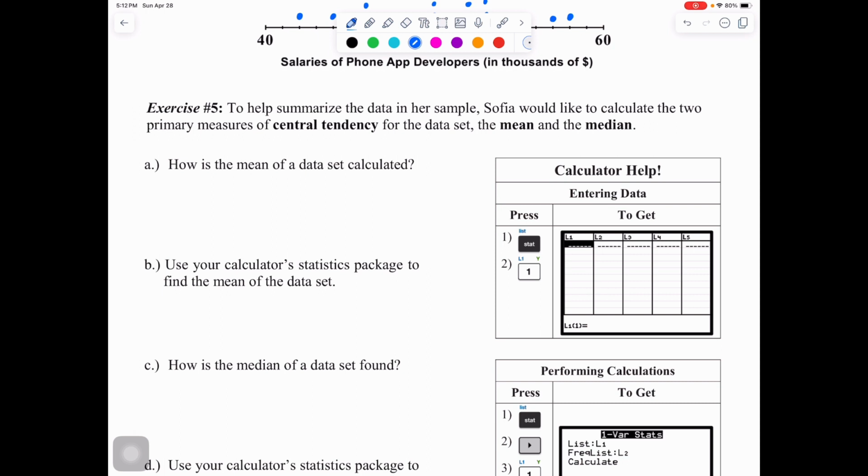So first, let's talk about how the mean is calculated. When you learned about mean originally, you learned that mean is the same as average. So if that's the case, that means you're going to add all the data and divide the total by the number of pieces of data.